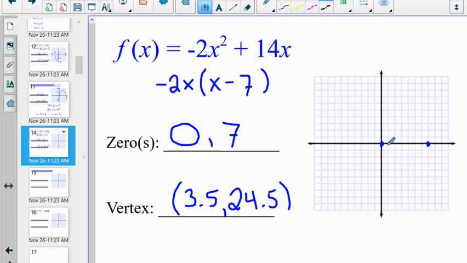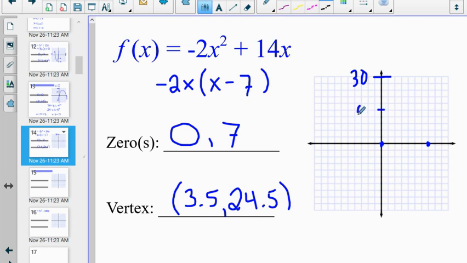And when I graph that, I'll have to change my vertical scale again. Let's see, if I want to get all the way up to 24.5, maybe I'll go by 3s. So the top of my graph with 10 grid lines brings me to 30. So let's maybe go 3, 6, 9, 12.